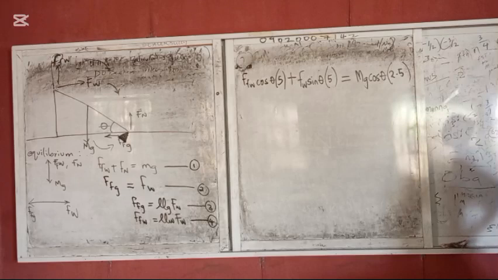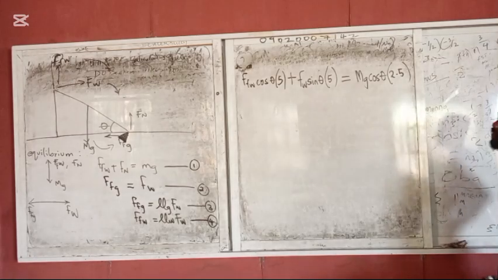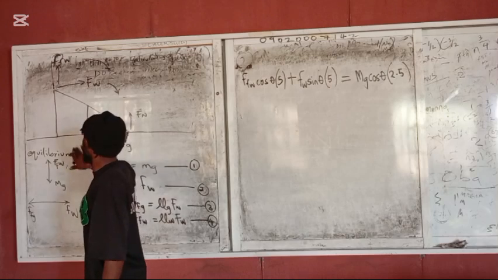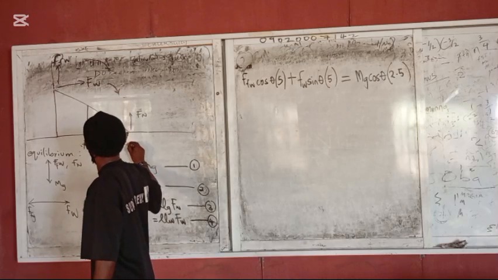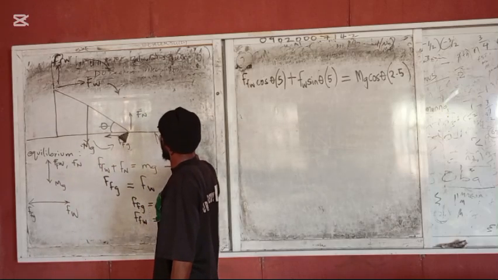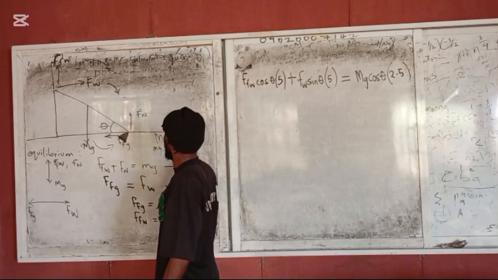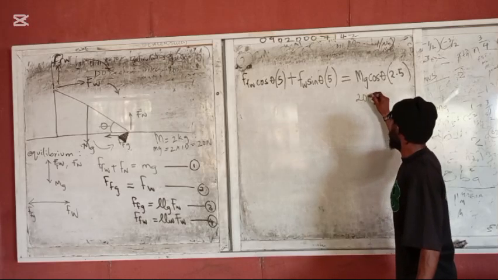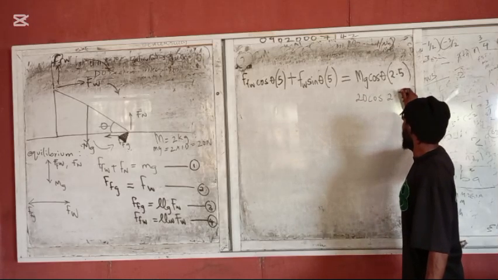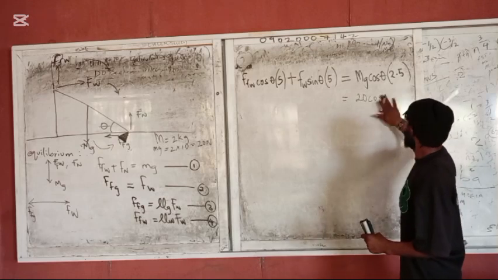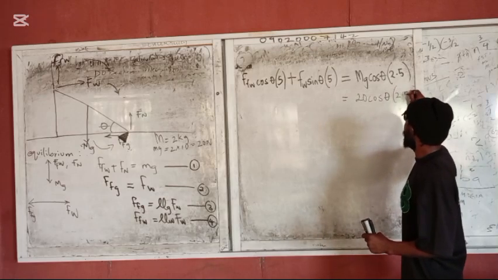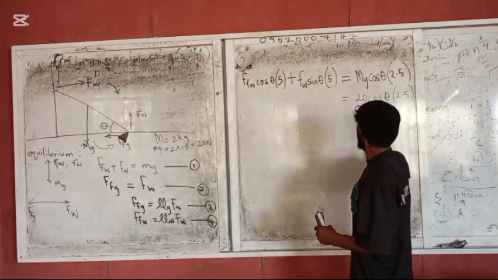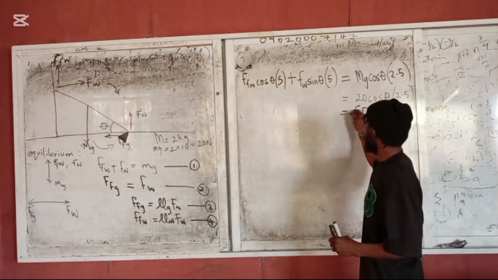Given that the mass is actually 2 kg, that means the weight mg will be 2 times 10, which is equal to 20 newton. So 20 cos theta, and 2.5 times 20 is 50. So 50 cos theta. Is it what you have?